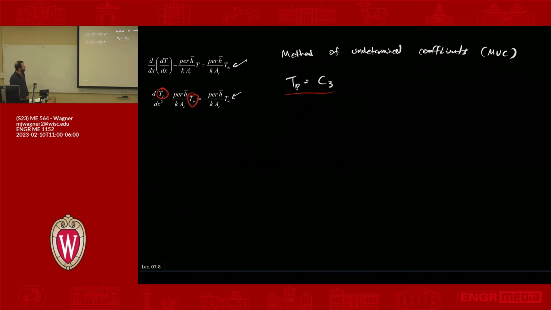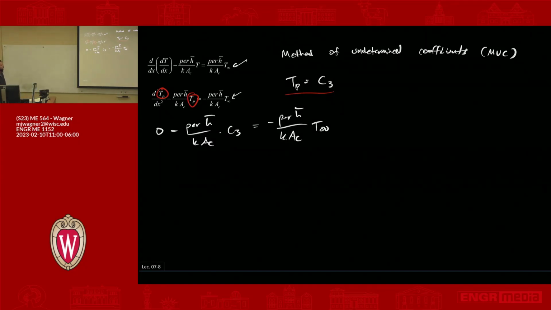So the second derivative of C3 is going to be 0. So this becomes 0 minus perimeter times h bar over k Ac times C3 is equal to minus perimeter h bar over k Ac times T infinity.